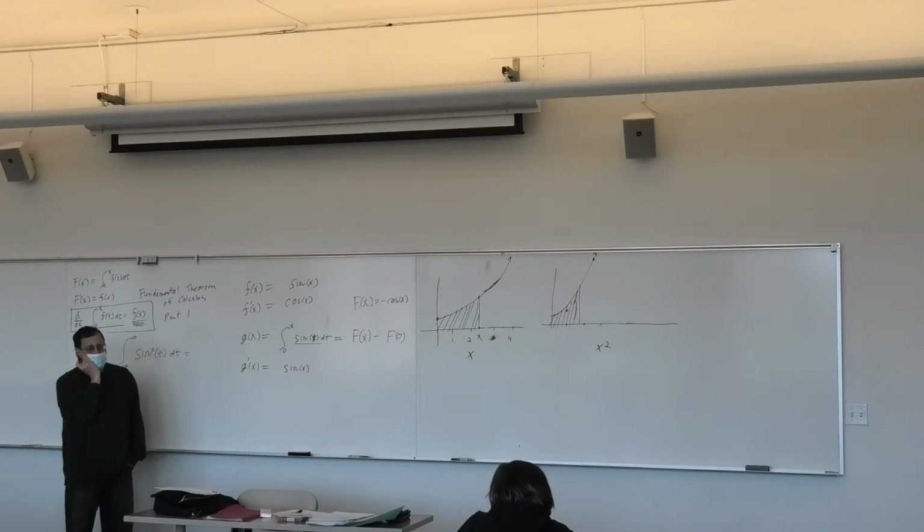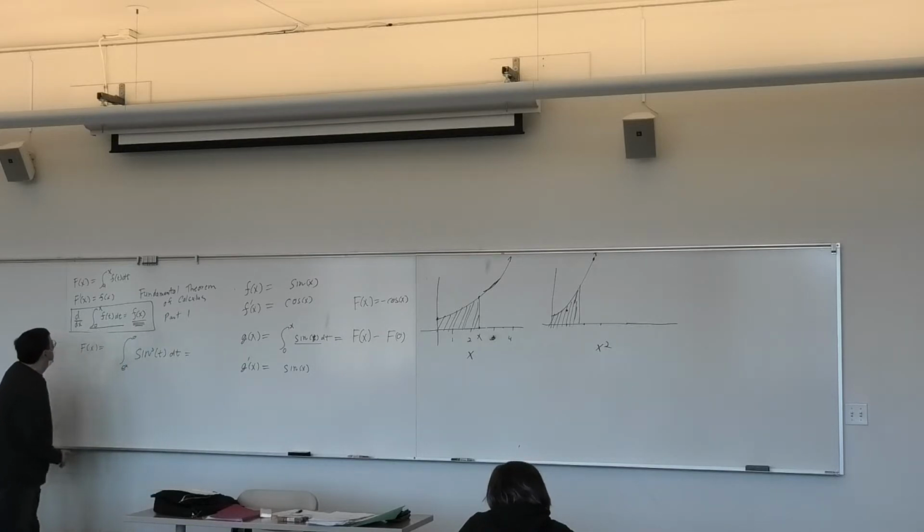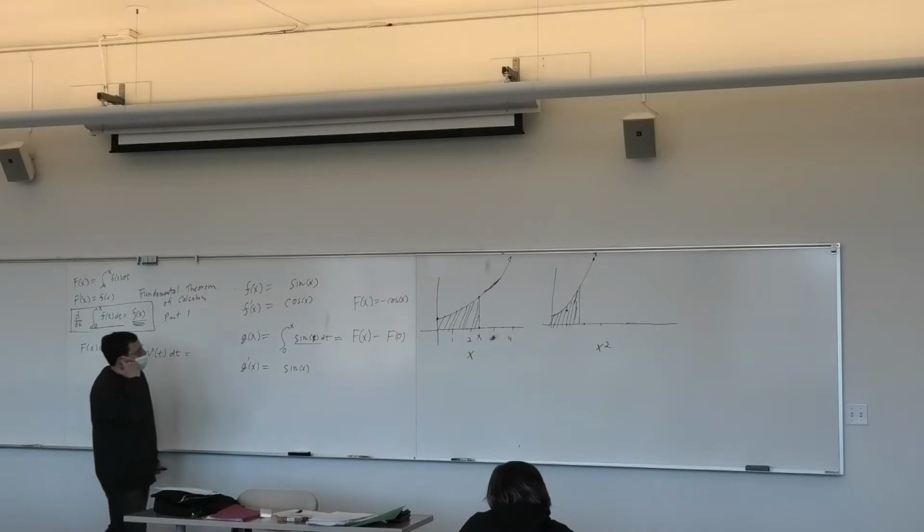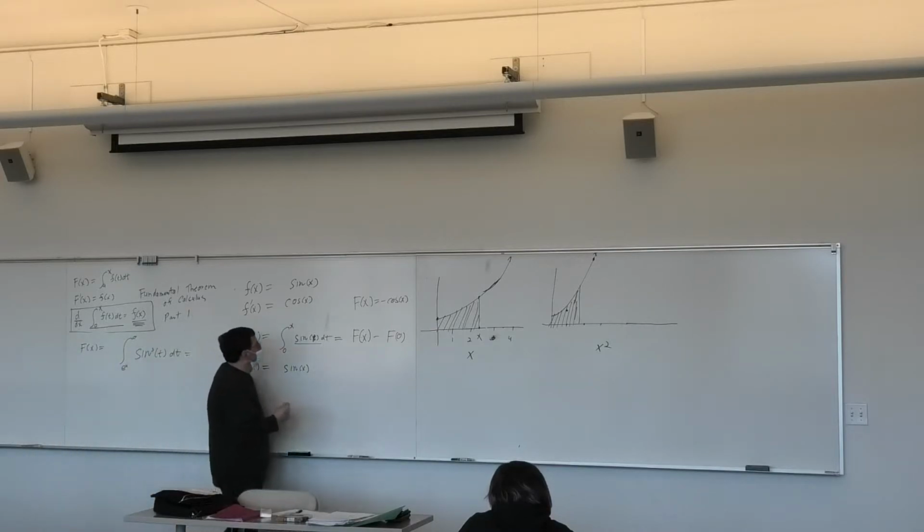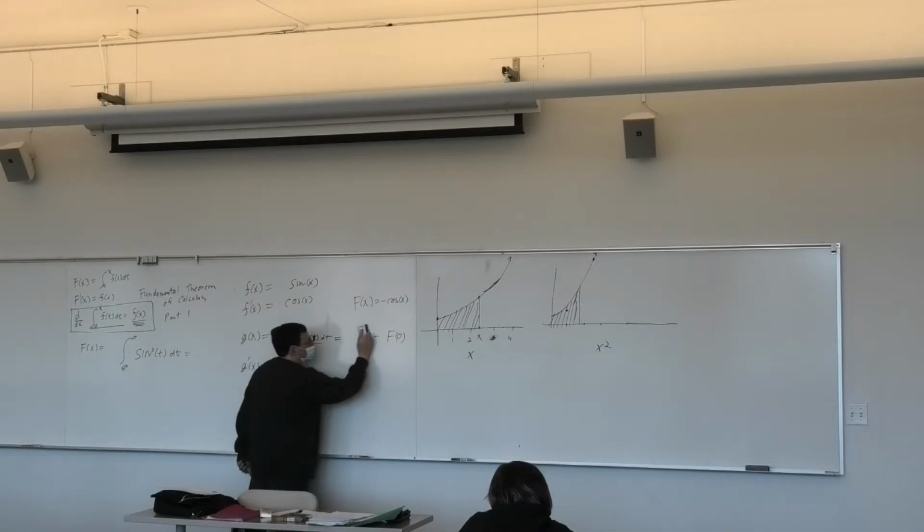I do feel like I'm not making this simple. We haven't taken the antiderivative yet, have we? We're just taking the derivative of the integral. We're kind of skipping that step, right?